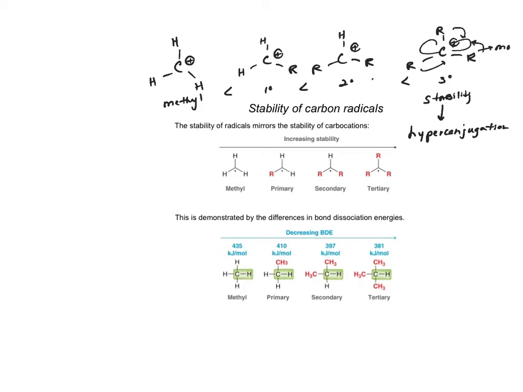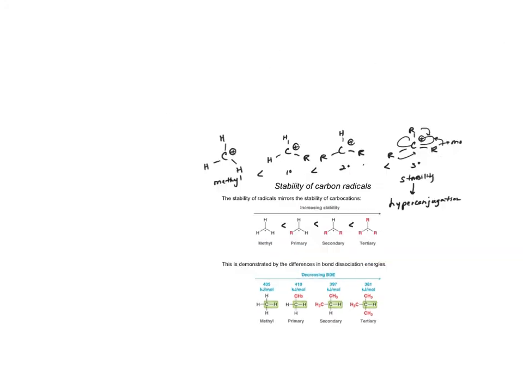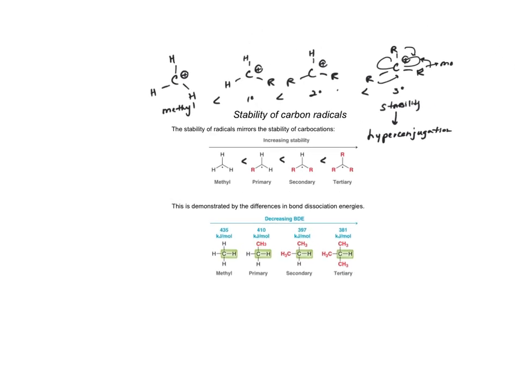Because of hyperconjugation, we find that methyl carbon radicals are less stable than primary carbon radicals, which are less stable than secondary or tertiary. So as we increase the number of alkyl groups on our carbon-based radicals, we increase stability overall.